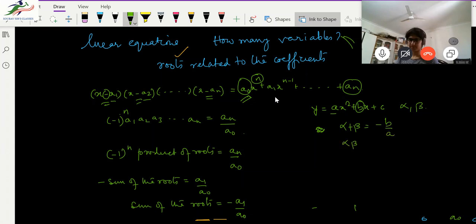And alpha into beta would be equal to c by a, because it will be positive, right?